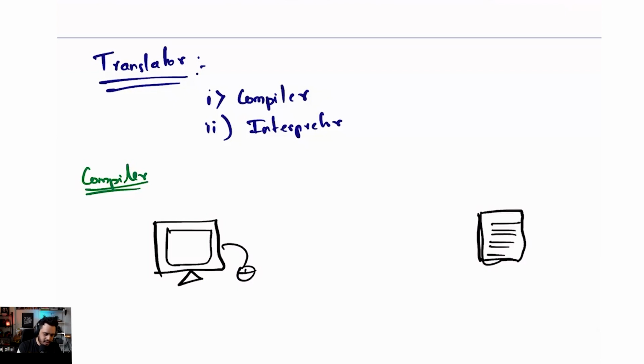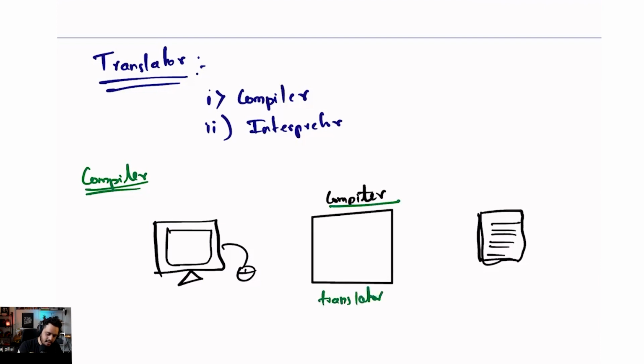Here we have the compiler this time. What is this compiler acting as? The compiler is acting as a translator. So this is any programming language, and this is our computer.